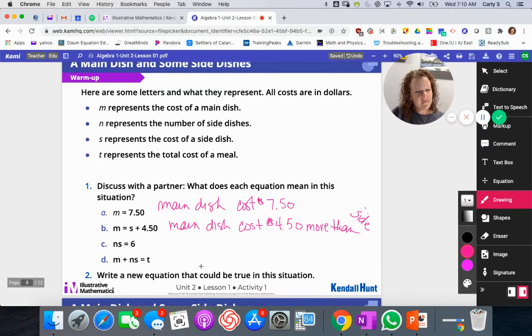All right. NS equals 6. What is N again? The number of side dishes. And S is the cost of a side dish.